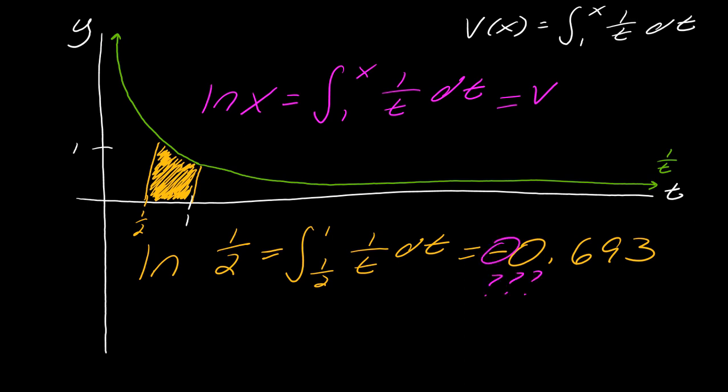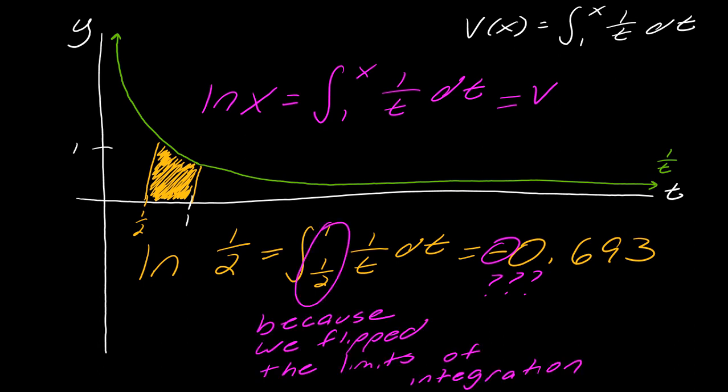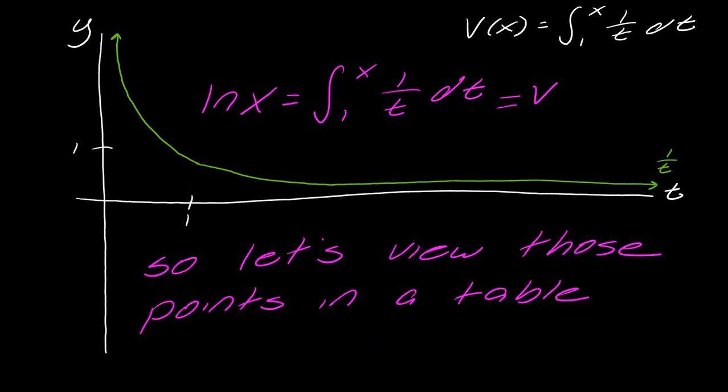And you might be saying, whoa, it's negative. This is area. This is a problem. But this actually does make sense if you think about it for a moment, because we flipped the limits of integration. And normally when we flip the limits of integration, we put a negative on the outside, but we didn't do that here. So since there was no negative on the outside, this whole thing ends up becoming negative.